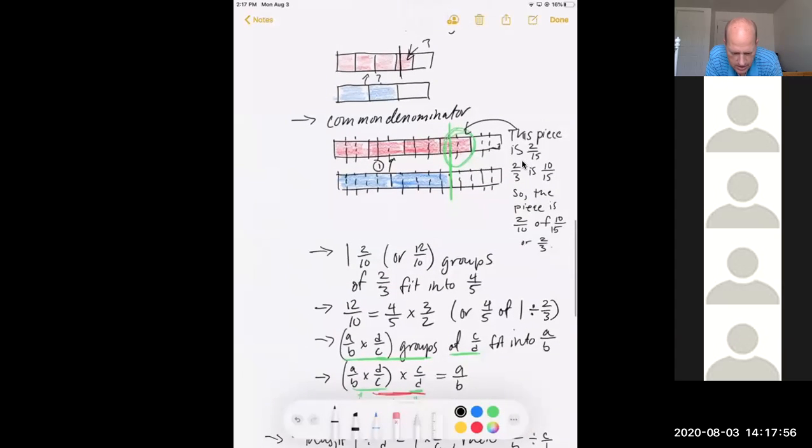And because you're taking A over B of my answer here when I divide it by 2/3.